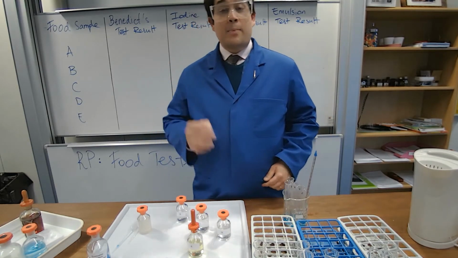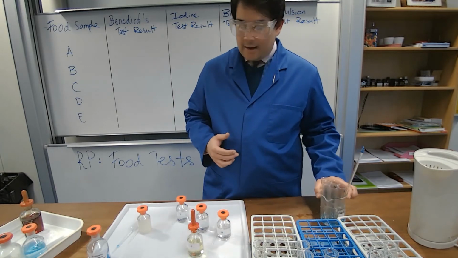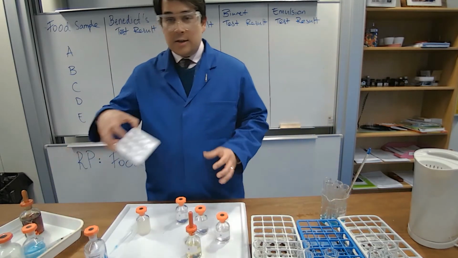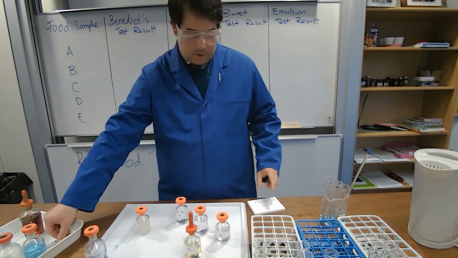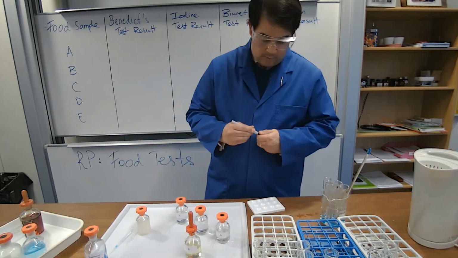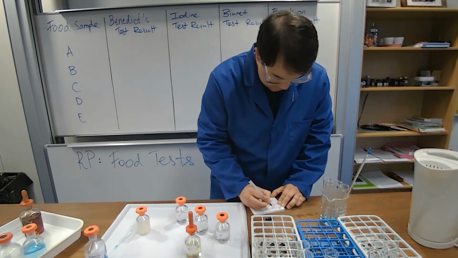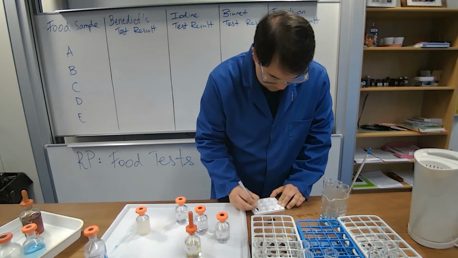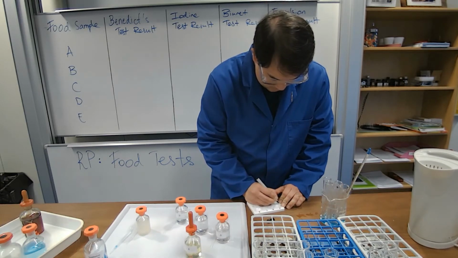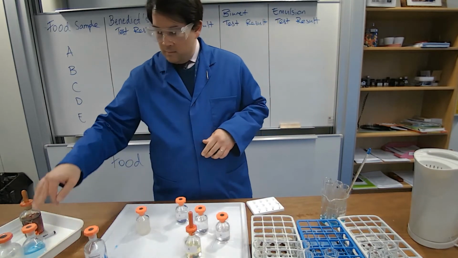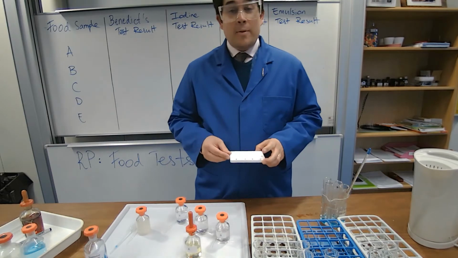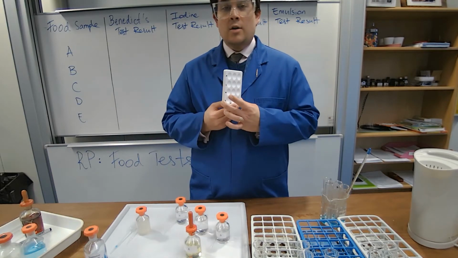Right, let's prepare our next ones as well. The next one is the Starch Practical, and that's a bit simpler. We're going to put each of these on. I'm just going to label them. And then I'm going to put a drop of each solution onto that.